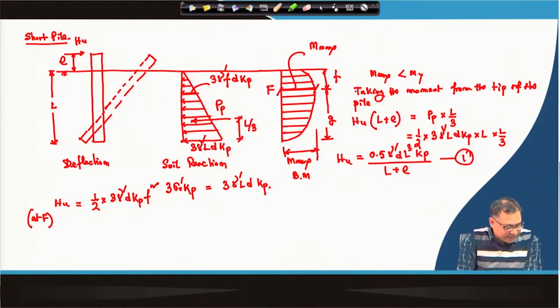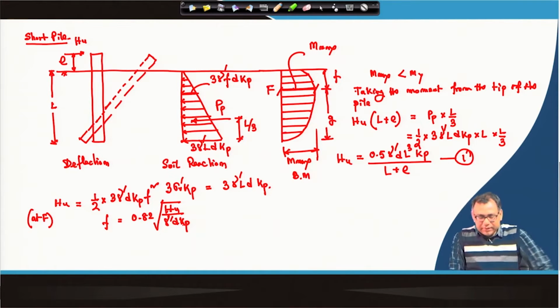So, that is the H u. I can write f in terms of H u as 0.82 root over H u by gamma dash d K p.